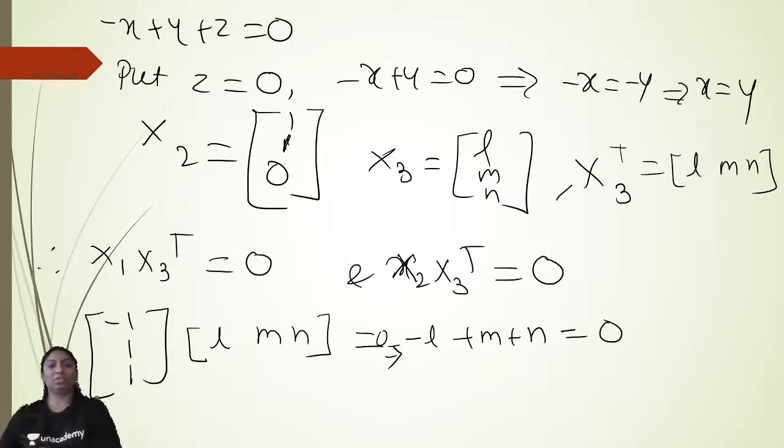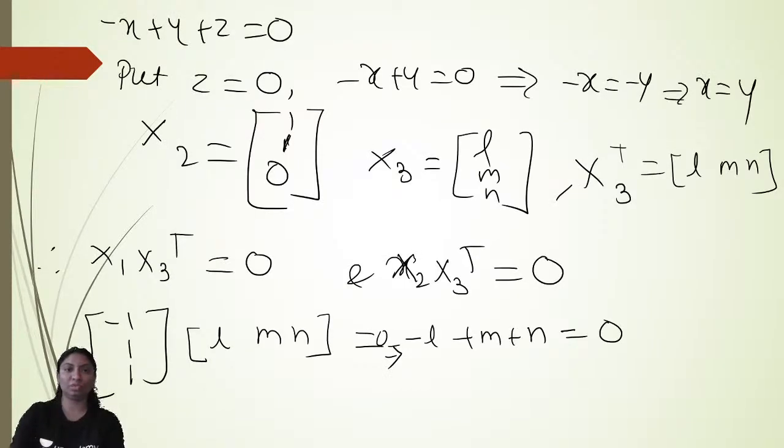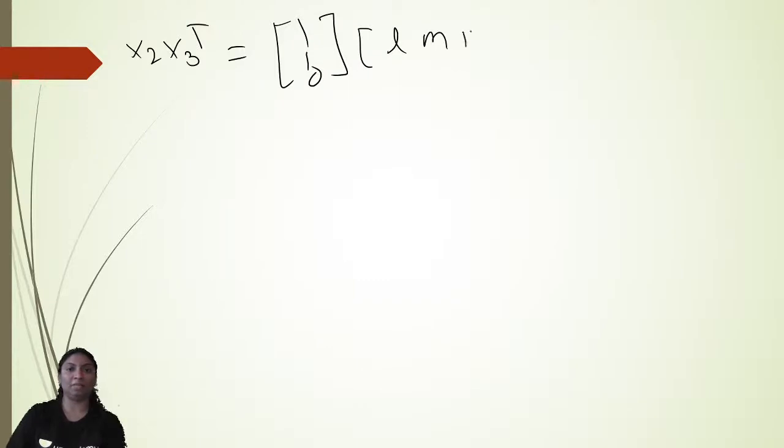Now for x2 and x3 transpose, x2 is 1 1 0, so x2 into x3 transpose with LMN gives L plus M plus 0N is equal to 0.